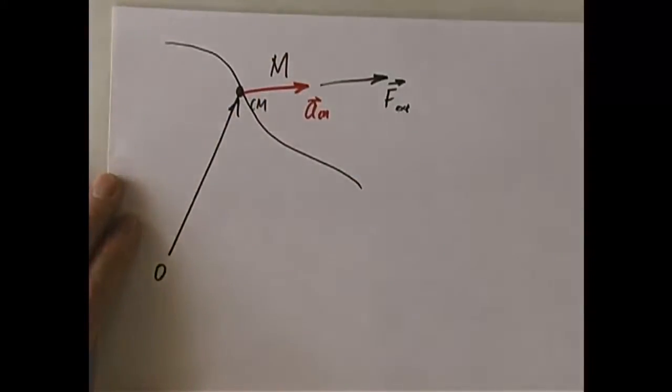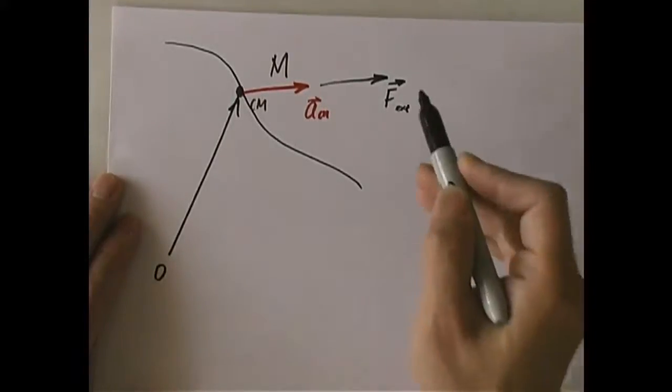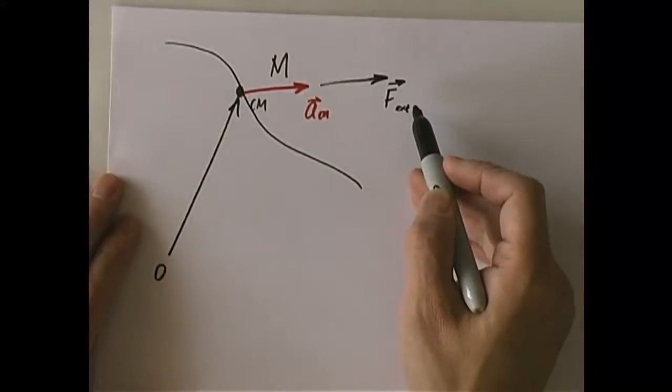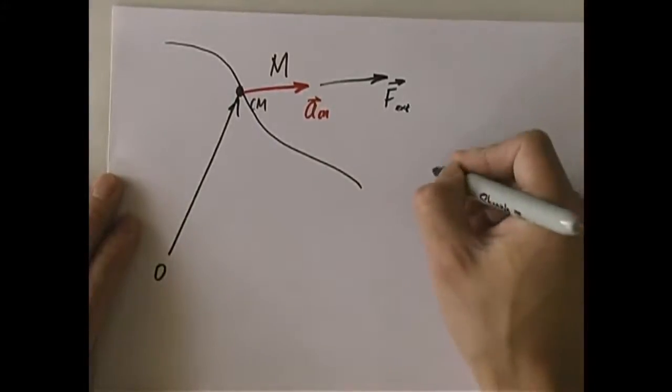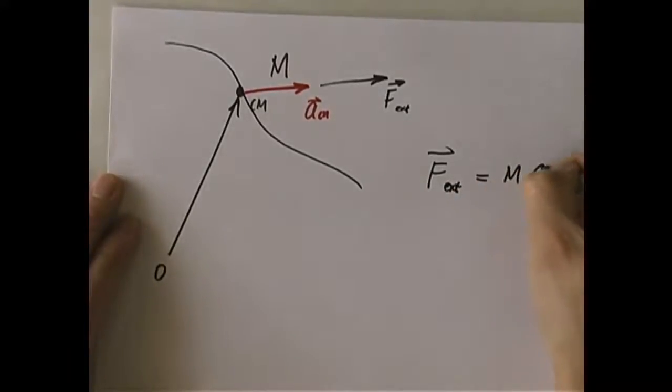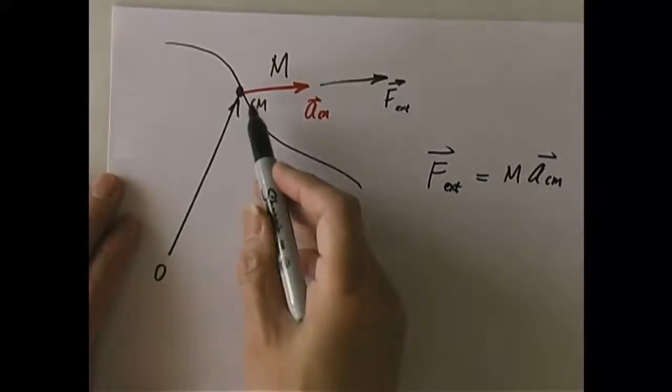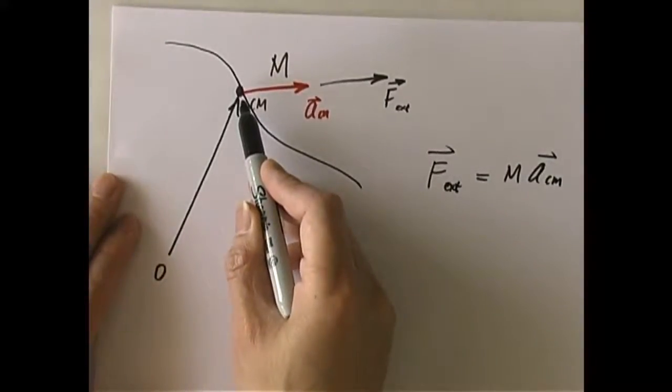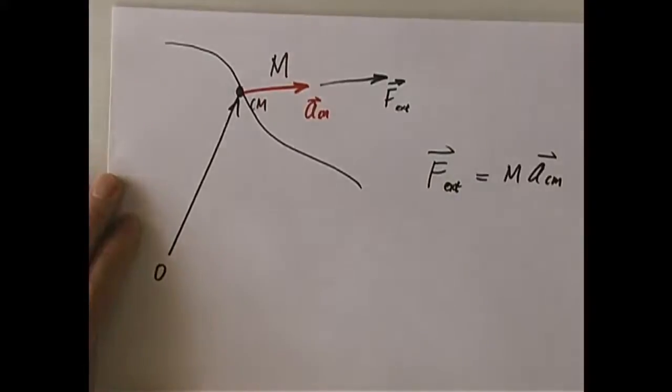As far as the center of mass movement is concerned, you don't really have to worry about where every particle is. You just focus your attention on one point, which is the center of mass. It's got all the mass of the entire system, and it's subject to all the net forces exerted on the entire system, and it moves accordingly. F external equals total mass times ACM.